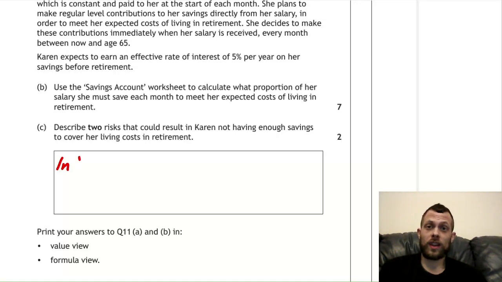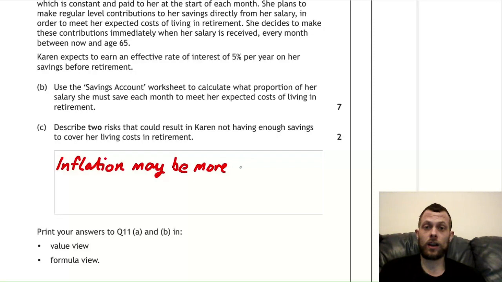So both of these assumptions could have been wrong. Inflation could be more than she expects in retirement, which would make the whole present value calculation that she did incorrect. So inflation may be more than expected. That would be one risk.